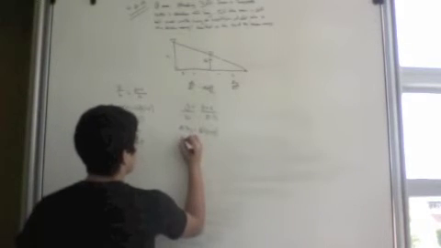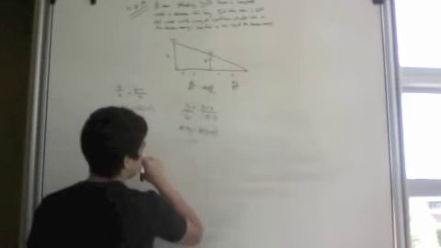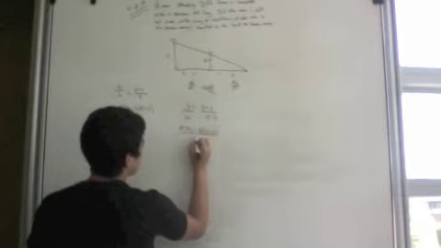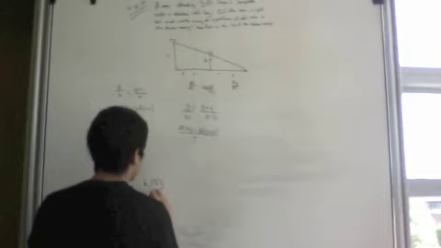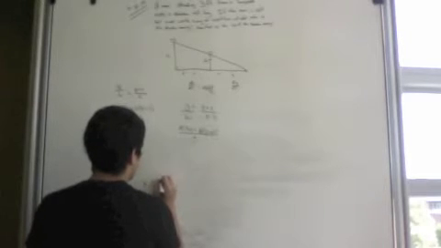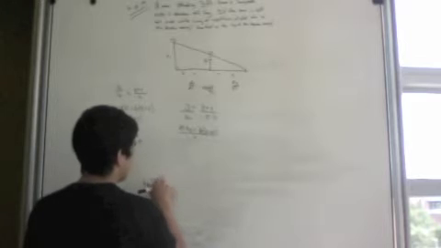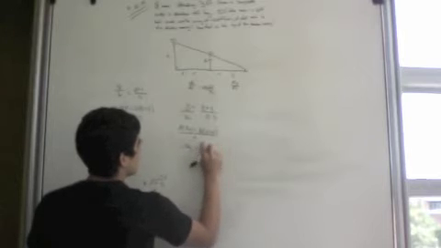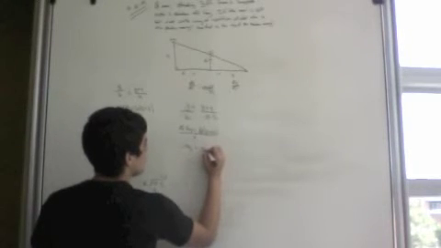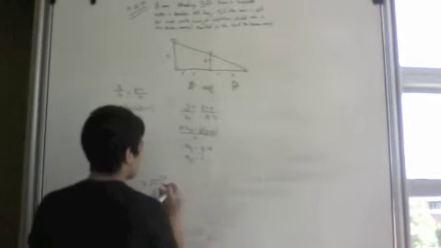If we divide by 6, we have 1.75y is equal to y plus x, and 0.75y is equal to x.